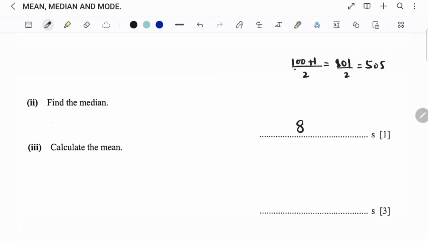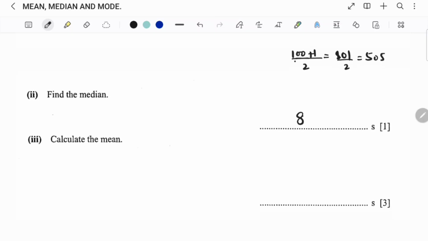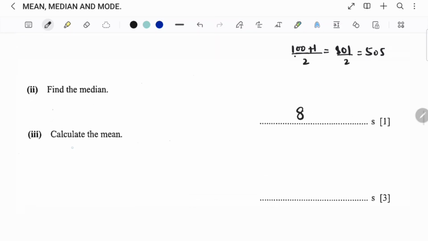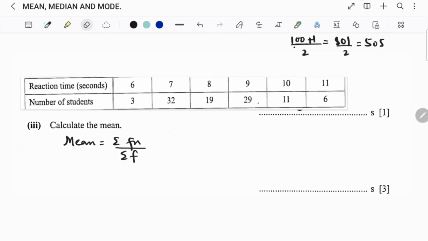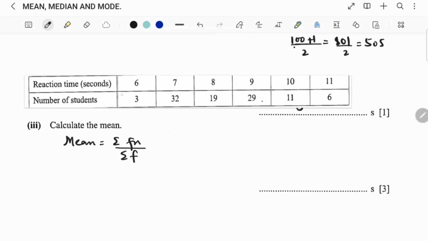Okay, now we are going to find out the mean. The mean is sum of fx divided by sum of f. For a frequency table, the mean is equal to sum of fx divided by sum of f. First of all, you just do sum of fx. The first column is your x, and this is your f.